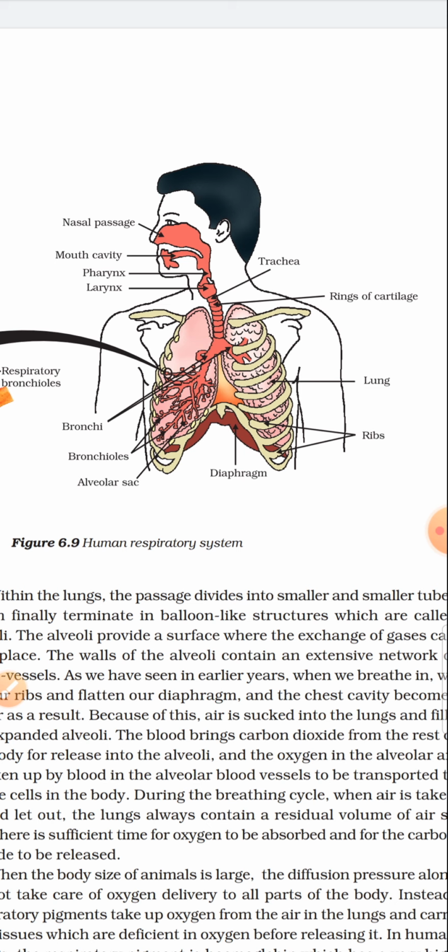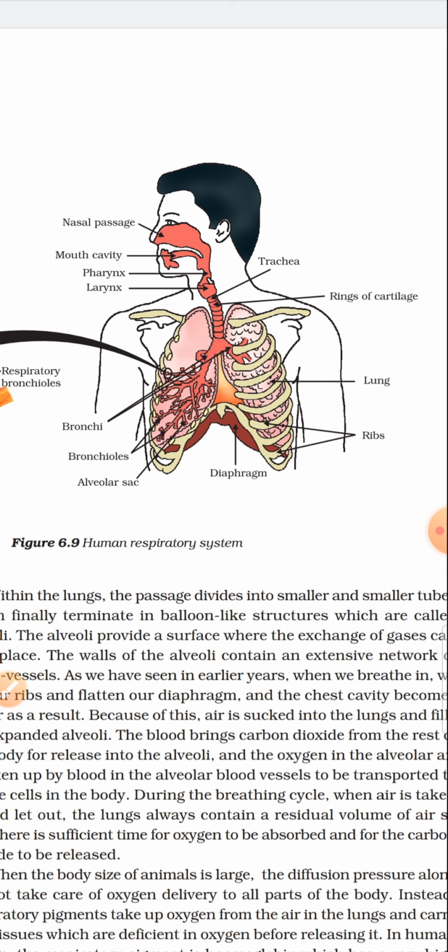This trachea divides into two, the left bronchus and the right bronchus, and each of them will go into the left lung and right lung. The bronchi will further branch into bronchioles.